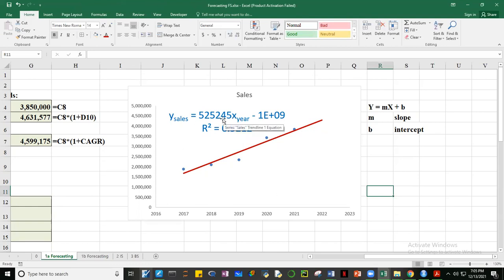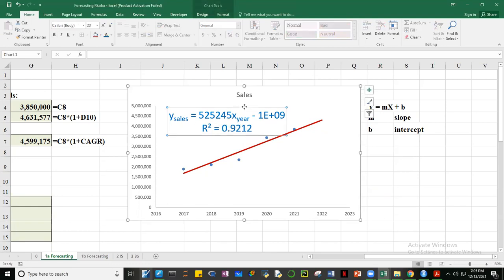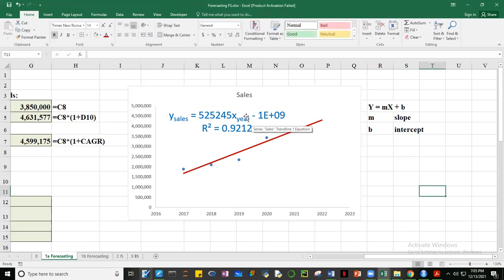So 525,245 represents, okay, the increase in your sales for every 1 unit increase in your year. Okay, ulitin ko. Ibig sabihin ng 525,245, if you increase year by 1, your sales will increase by 525,245.